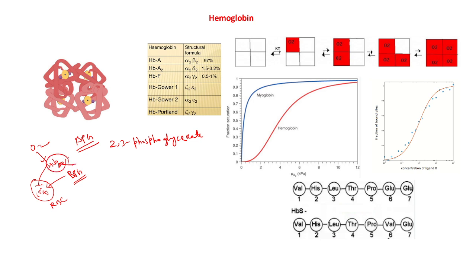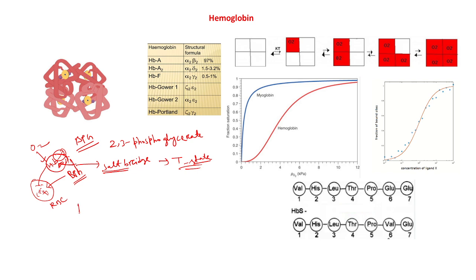Once it binds, again it forms the salt bridge, that means again it forms the T state. That means again the oxygen has to disrupt the salt bridge, and only then it binds to the hemoglobin.